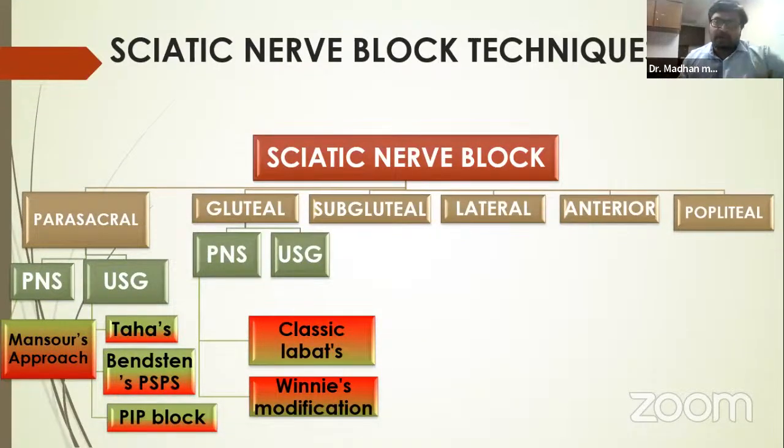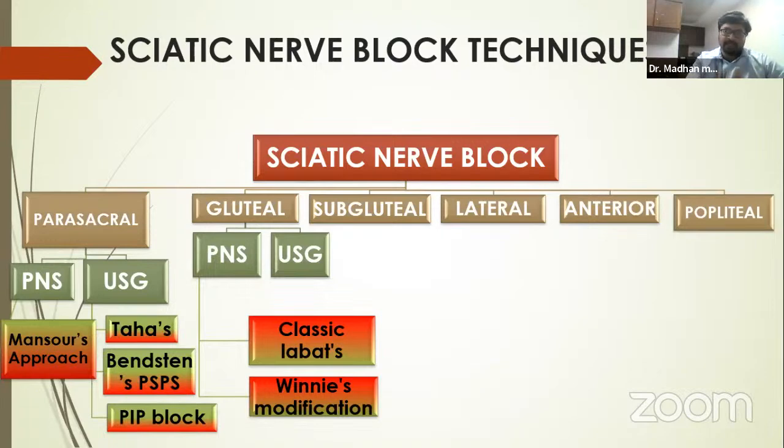Now, there are different techniques available to block the sciatic nerve. We have landmark techniques, PNS guided techniques, USG, and both, that is the dual technique. For the parasacral approach with PNS guidance, we have Mansour's approach. For USG, there have been many modifications, and what is clinically relevant and easy for day-to-day practice will be Taga's approach.